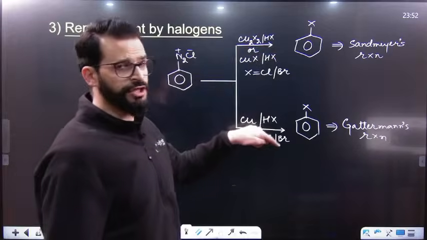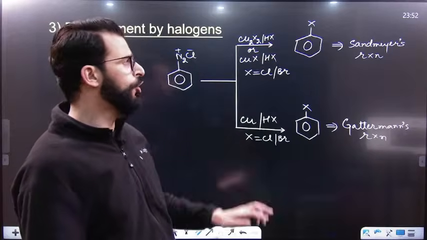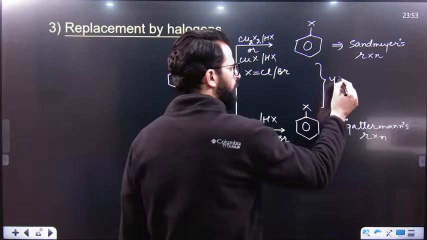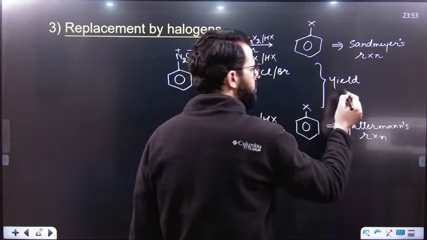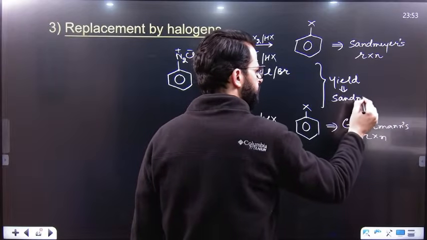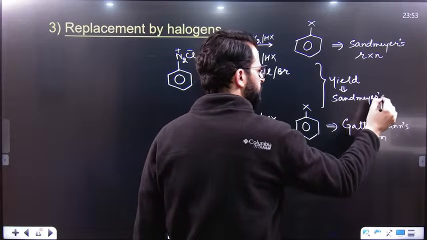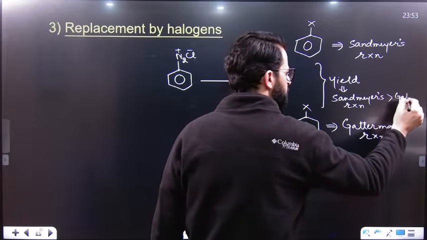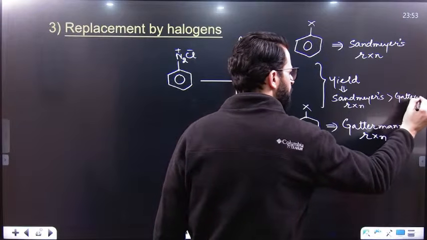In both the reactions, chlorobenzene and bromobenzene will be obtained, but the yield of chlorobenzene or bromobenzene is always more in Sandmeyer's reaction than Gattermann's reaction. This is a very, very important point written in your NCERT.